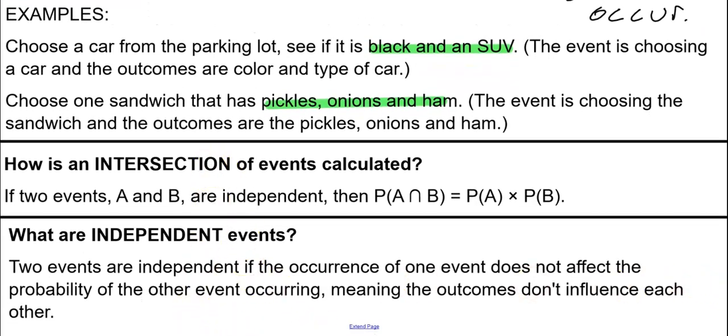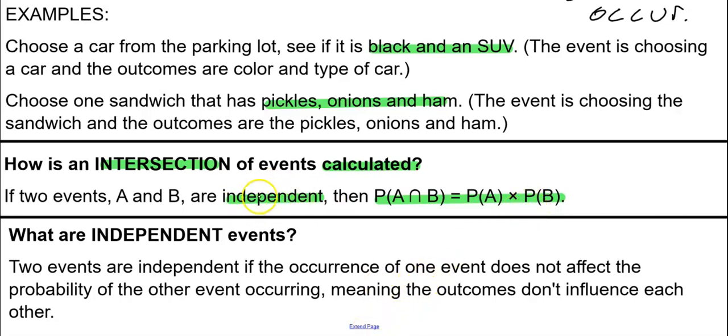To calculate the intersection, the ANDs: if A and B are independent, then the probability of A and B is the probability of A times the probability of B, the probability of one event times the probability of the second event.